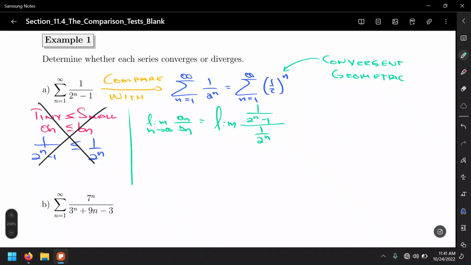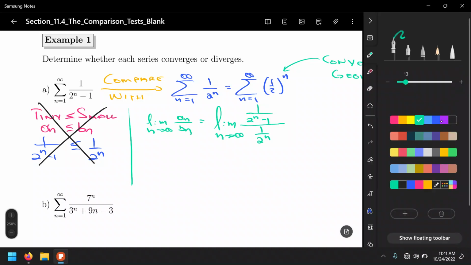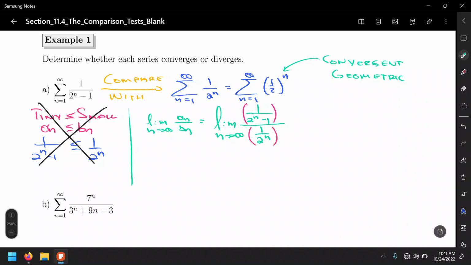And yes, at the beginning, this is going to give rise to a complex fraction. But again, just make sure to delimit the fraction accordingly, and again, dividing by a fraction is the same as multiplying by the reciprocal, 2 to the n over 2 to the n minus 1. And let's go about this limit.